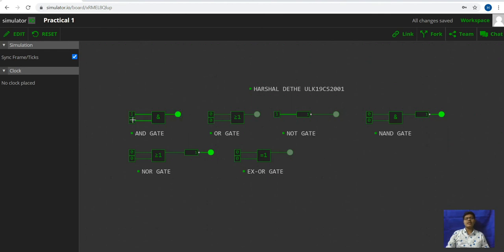Again 1 and 0, the LED is not blinking here. Again when we give 1 and 1, it is blinking, because 1 into 1 is 1. Here the LED will glow. So this is the AND gate.